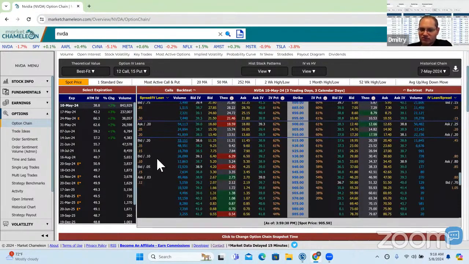Maybe if we were looking for something within a certain delta, it doesn't matter if we're doing 25, 20, 15 delta options, we could look at that. We could look at the monies. We could look at tails. Or maybe we're looking at a strategy.